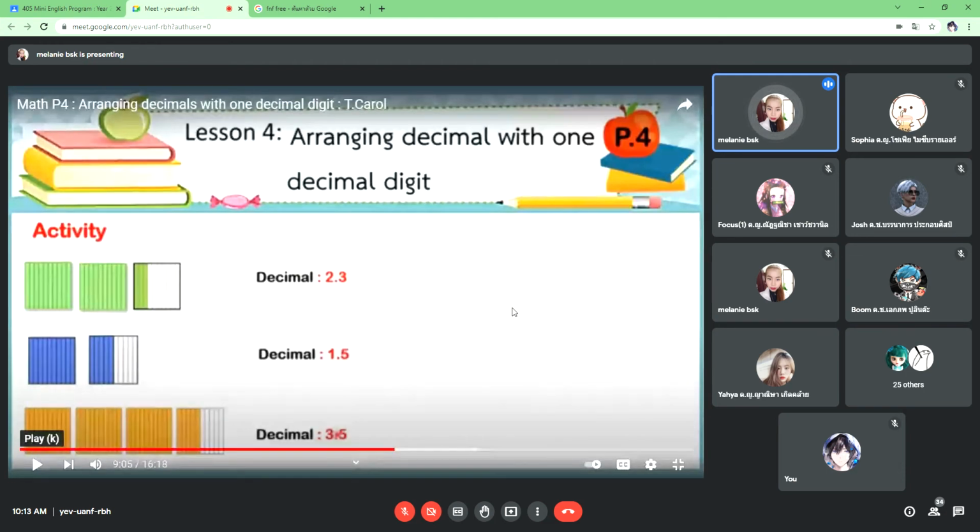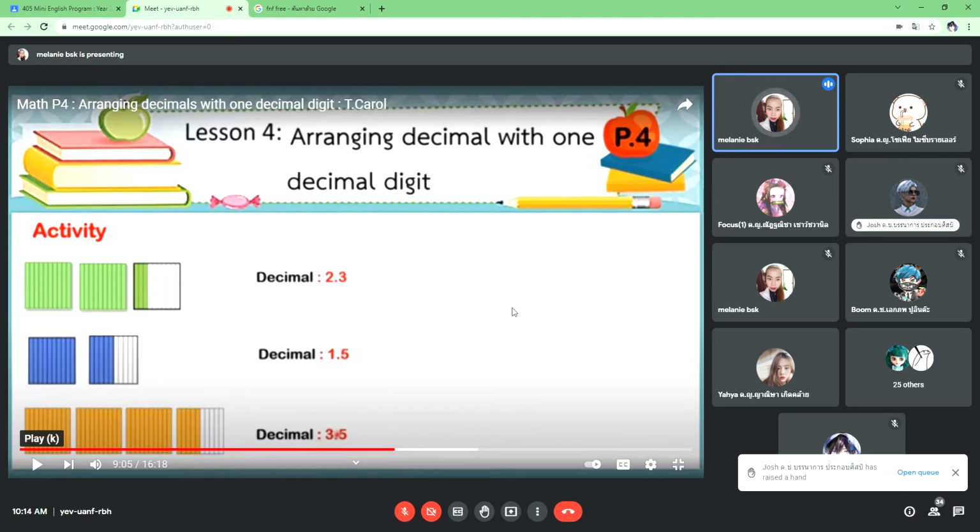What would be the first one? 1.5. 1.5 would be first, and the next is 2.3. Okay, and then the last one, 3.5. If you're going to arrange them in descending order, how are you going to do it?